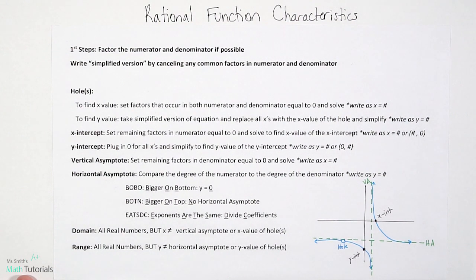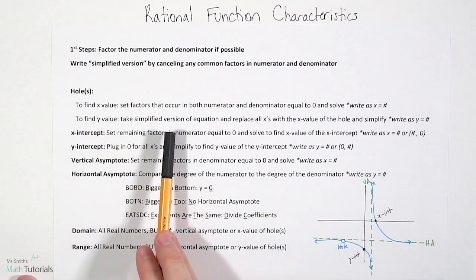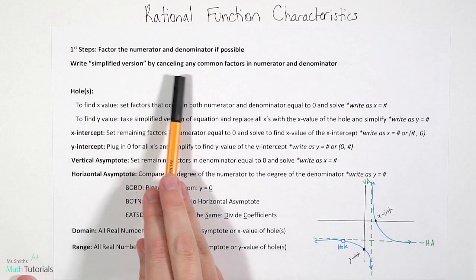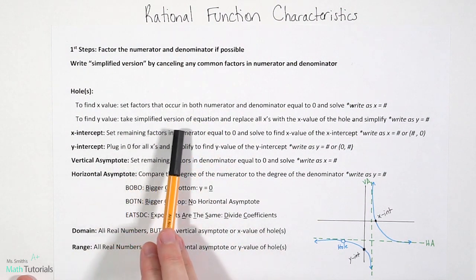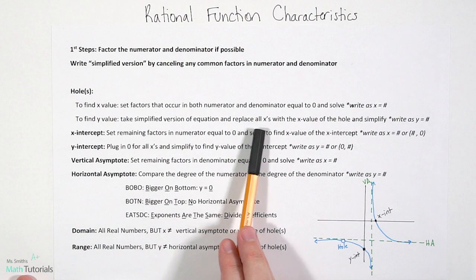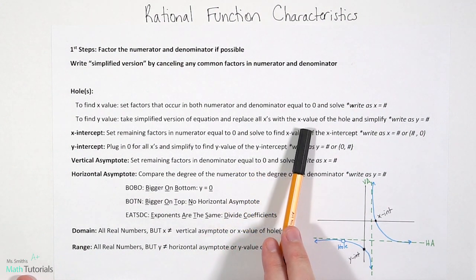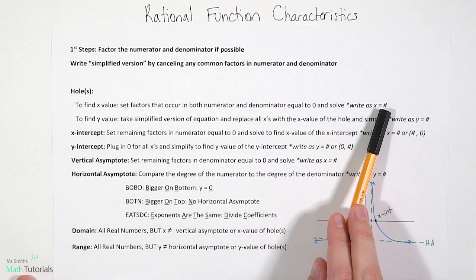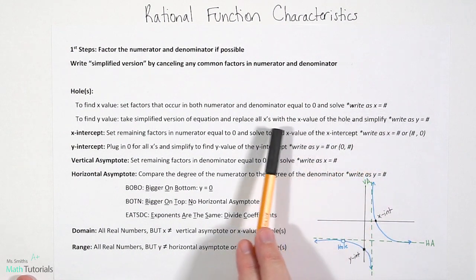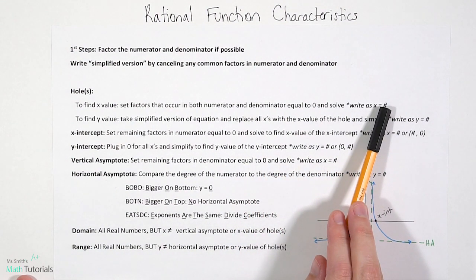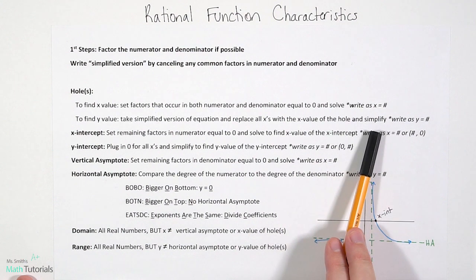To then find the y value, we take the simplified version, where we've canceled out any common factors, and we replace all the x's with the x value of the hole. Whatever we get right here, we'll replace all the x's with it, and then we'll simplify.